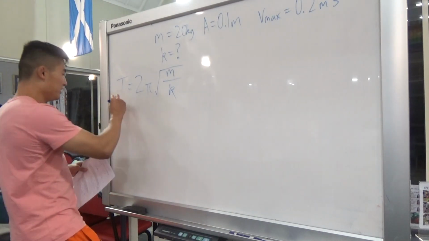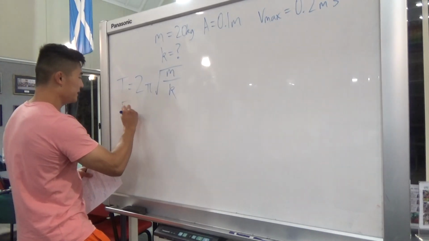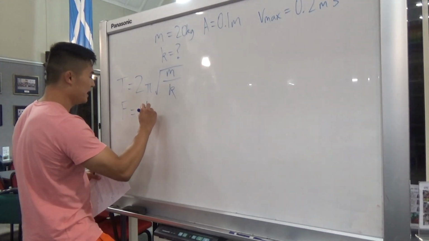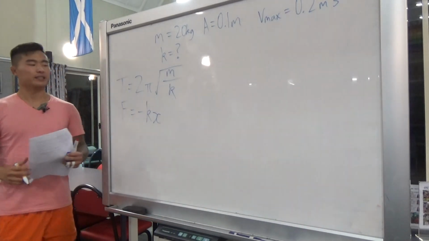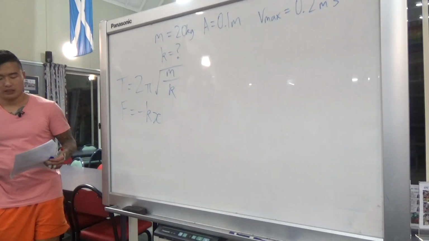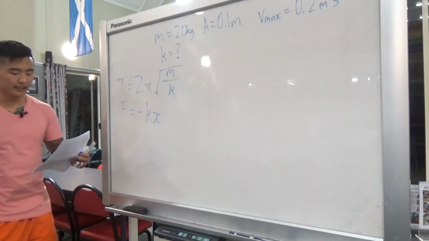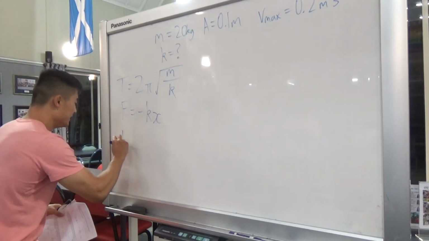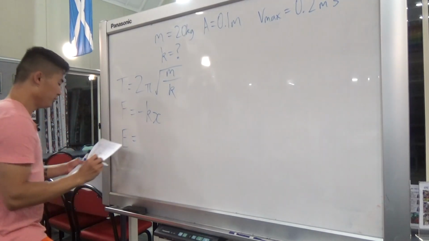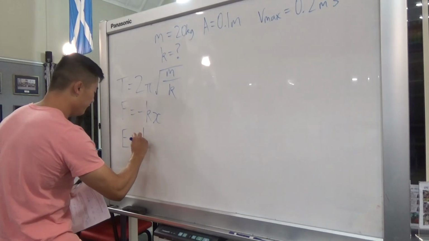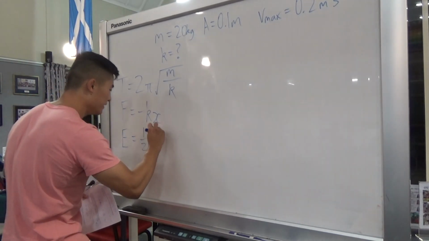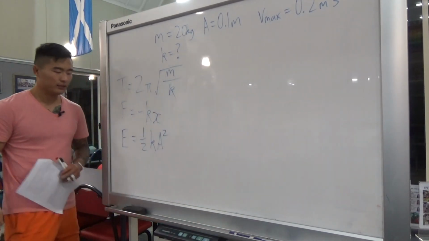Your second equation is F, the force, equals negative Kx. And your third equation for spring is the energy equals half Ka squared.